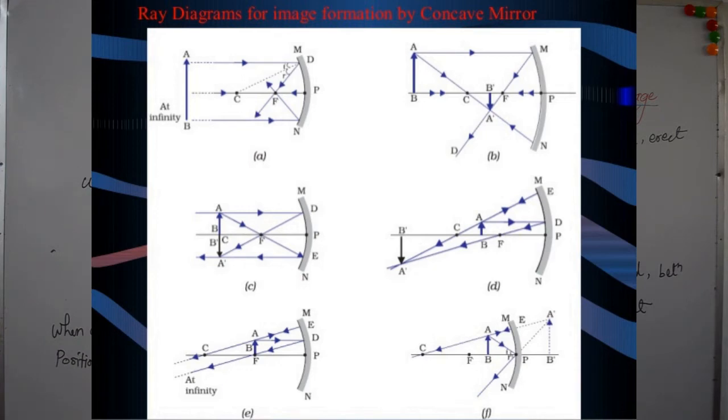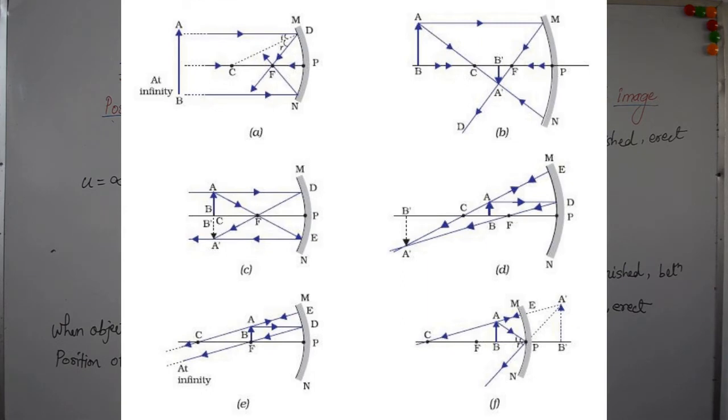So let's start from case 4, in which the object is between center of curvature and focus. When the object is between center of curvature and focus, the image is formed beyond center of curvature, and you can see the image is real because the reflected rays converge, they directly meet at some point, therefore the image is real and it is inverted, because you can see in the image B dash is up and A dash is down, whereas in the object the point A is up and B is down, therefore it is inverted and the image is magnified.